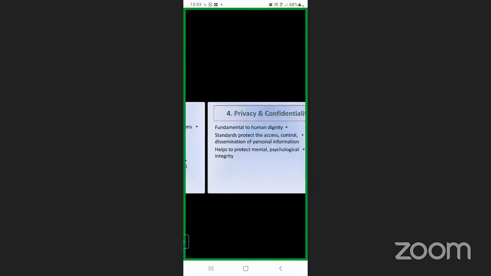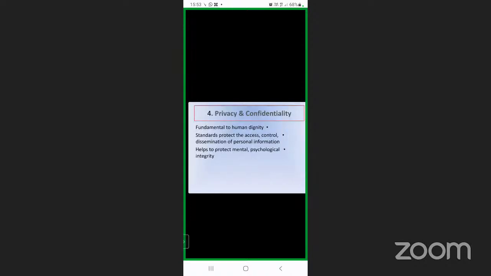Then privacy and confidentiality, as we discussed. Confidentiality or privacy is fundamental to human dignity.